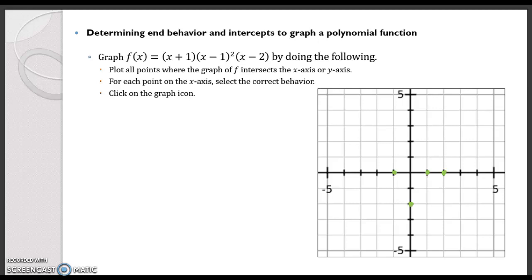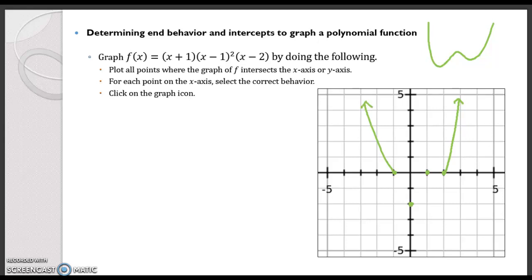Plot each point on the x-axis and select the correct behavior. So remember, it was even and positive, so it opens up this way. So it's going to rise to the right, and it's going to rise to the left.